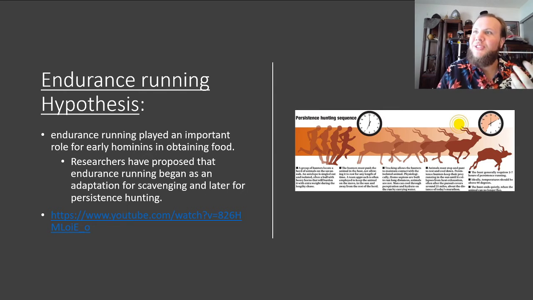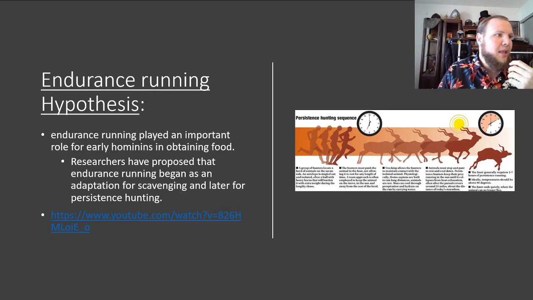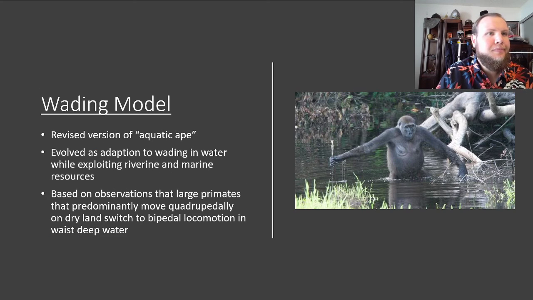We were able to out-jog our prey, right, or to run towards scavenged carrion more easily. And we have a really interesting video about persistence hunting, so you can watch this and see how the San people, some of the last hunter-gatherers, are able to hunt using this method. It's really interesting. I highly suggest that video.